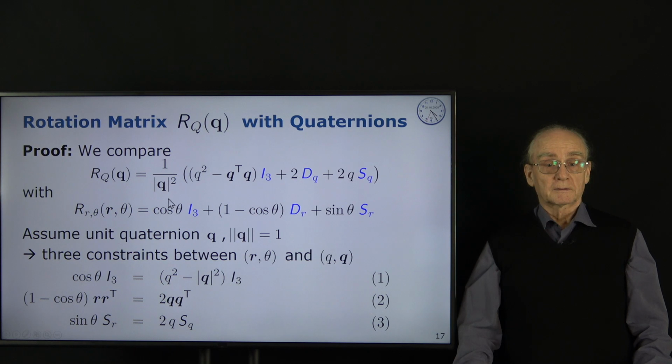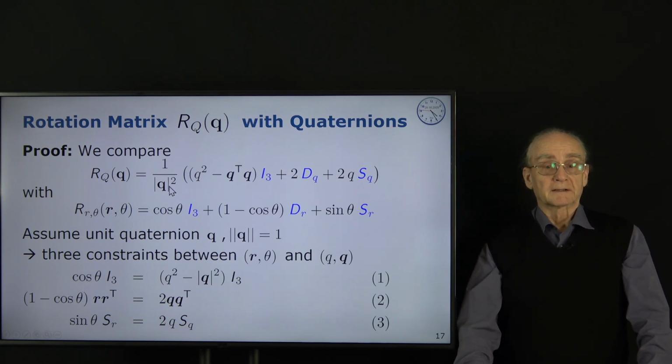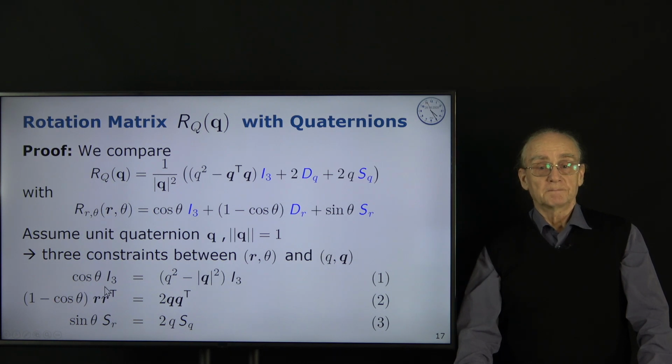If we clarify, we make it simple. We assume that we have a unit quaternion. So we neglect this part. And then Q, the scalar part squared minus the dot product, should be the same as cosine theta.